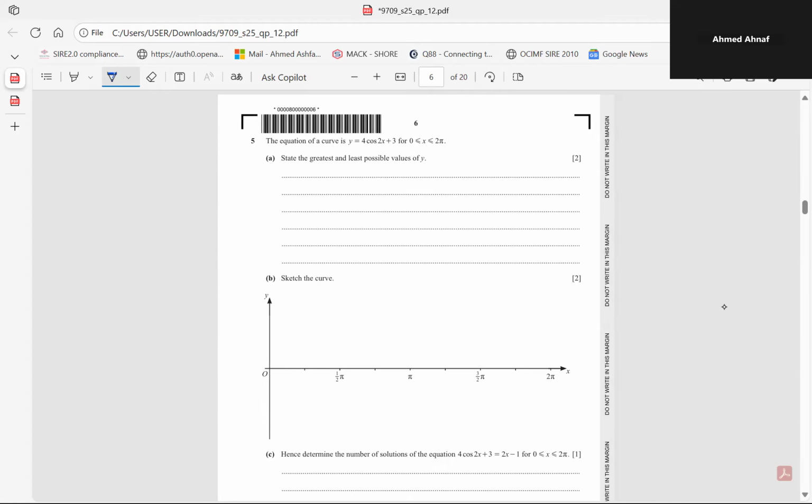Okay, so for this question, we're told that the equation of a curve is this trig equation for x between 0 and 2 pi. And for the first part, we're told to state the greatest and the least possible values of y. Okay, so in order to do this, let's first write down the equation.